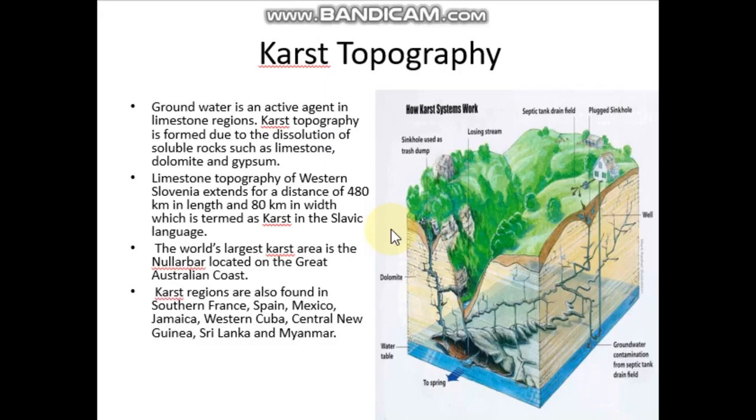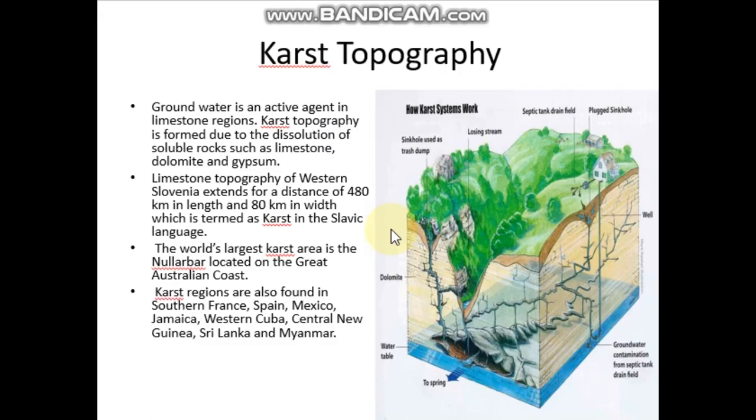So please listen, what do you mean by karst topography? Actually, this karst topography is formed due to the dissolution of soluble rocks such as limestone, dolomite and gypsum. In this we can find more limestone, dolomite and gypsum.